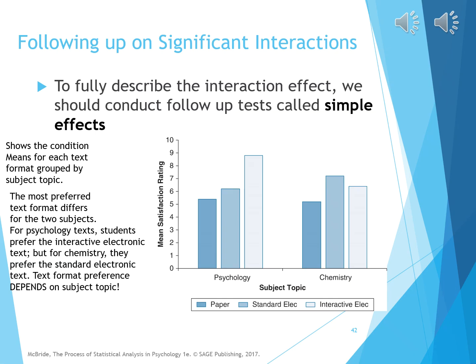So what I want you to take away from all this is that if there is a significant interaction effect, it's nice to be able to see some kind of graph, because it really helps you understand how the condition means are changing within one of the variables across the levels of the other variable. Like, how is the interactive electronic text changing from psychology to chemistry?